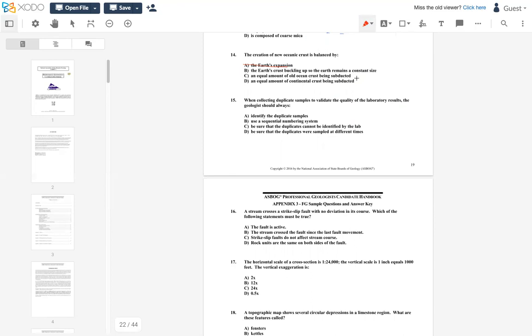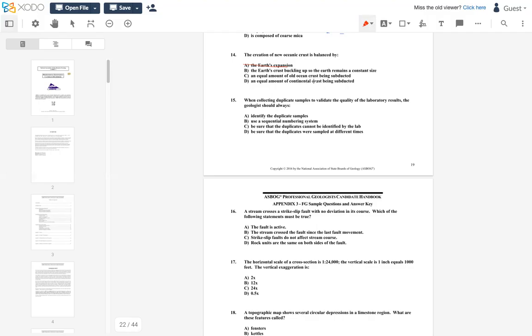So when we're talking about new oceanic crust that's being created, it's being created at ridges, right? Mid-ocean ridges. And where does all that material come from? Why are we able to continually make new crust? Well, the material is not going anywhere. It's being subducted elsewhere at subduction zones. And I feel confident that if you're taking this exam, that's something you're familiar with. But this question, I think, is hinting at which is being subducted.